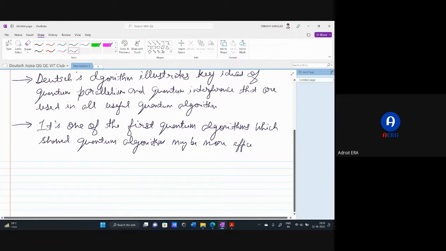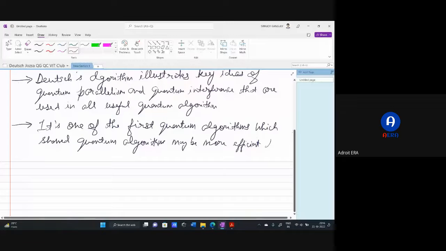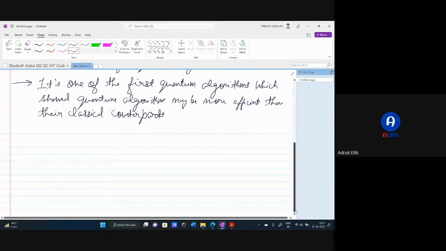More efficient in terms of what? In terms of time complexity, space complexity, as you might be familiar with, in computational complexity classes. So more efficient than their classical counterparts. Now let us start defining the problem. What is the problem? Let us start defining the problem.